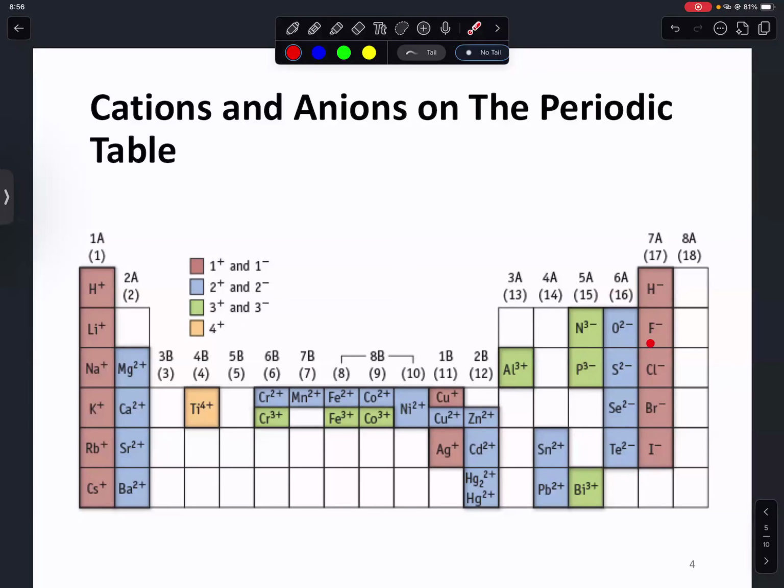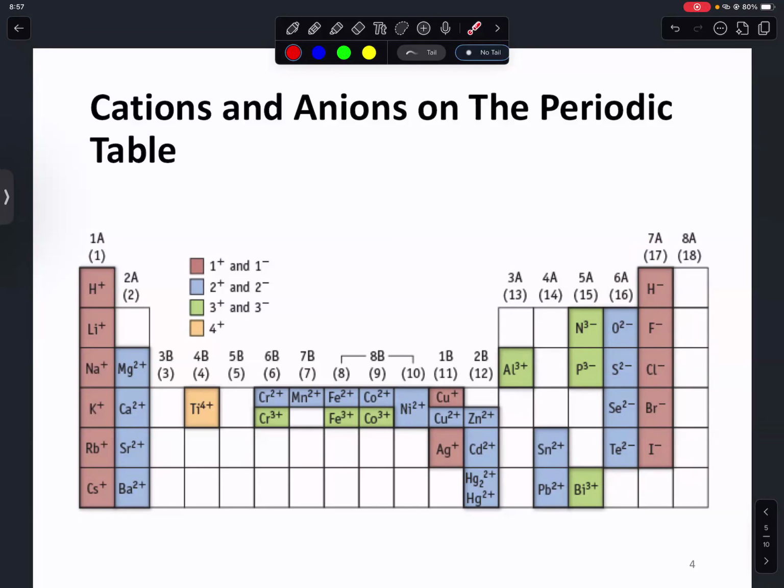Group 16 right here, consisting of oxygen, sulfur, selenium, tellurium, they tend to gain 2 electrons and form a 2 minus charge. As far as group 17, our halogens, they tend only to gain 1 electron.